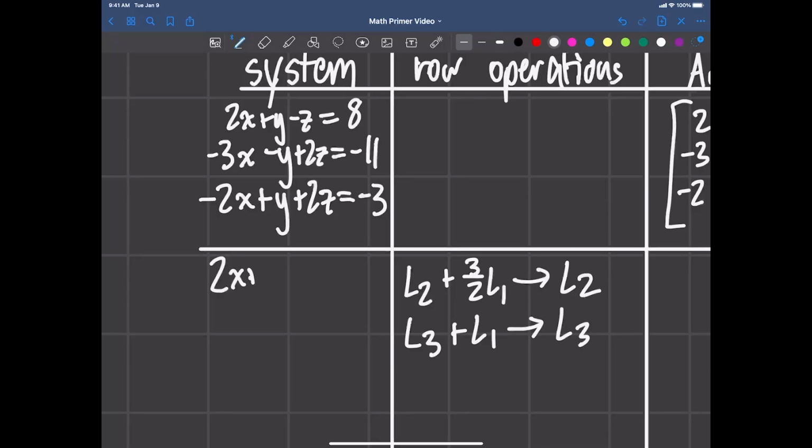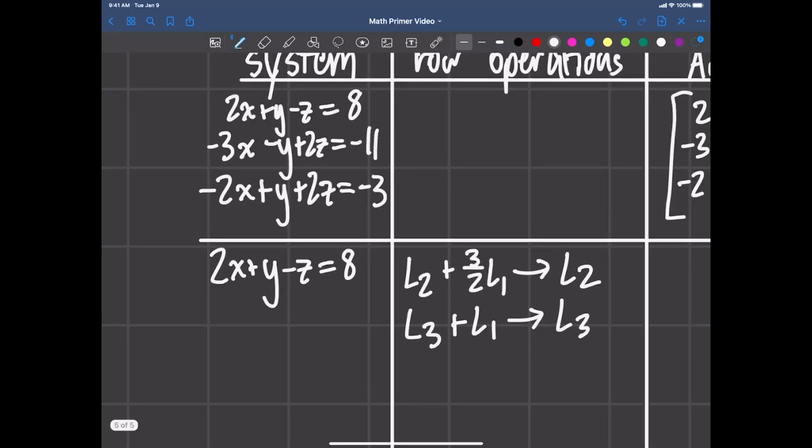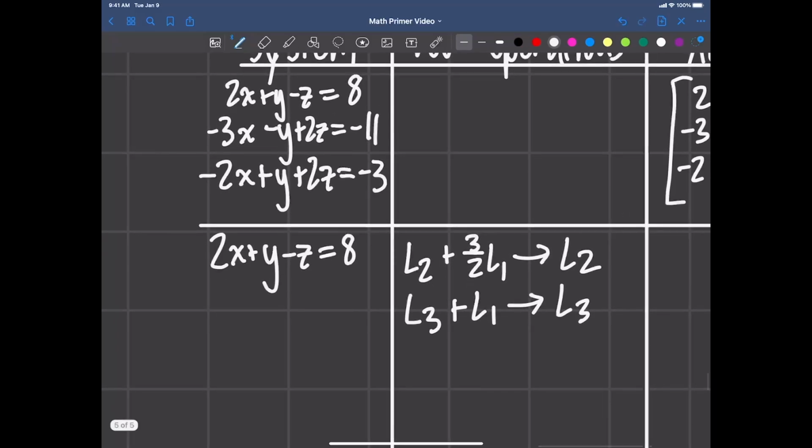So since only row 2 and row 3 are changing, we'll keep row 1 the same. This becomes 1/2 y plus 1/2 z equals 1, and 2y plus z equals 5.